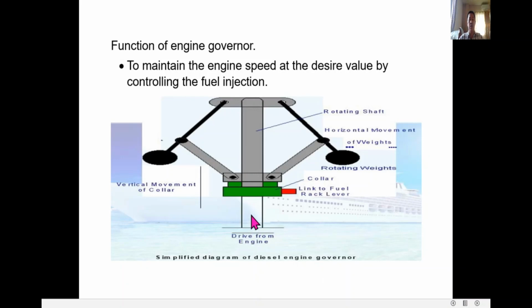This shaft is connected to the gear of the engine. Here the parts: the rotating shaft, horizontal movement of weights, so rotating weights or flyweight, vertical movement of a collar. So let us proceed.